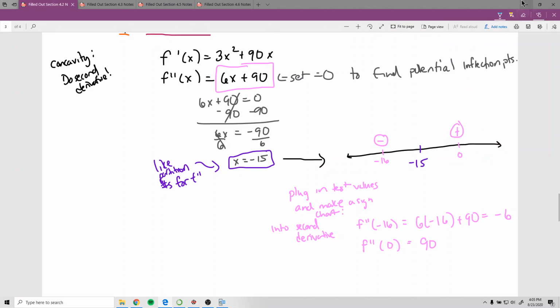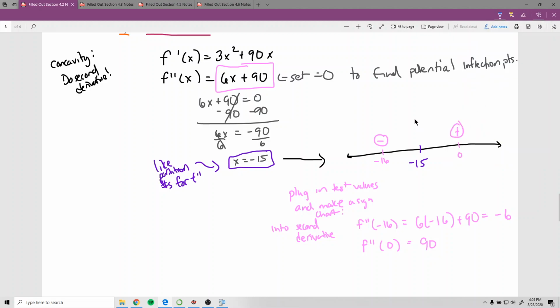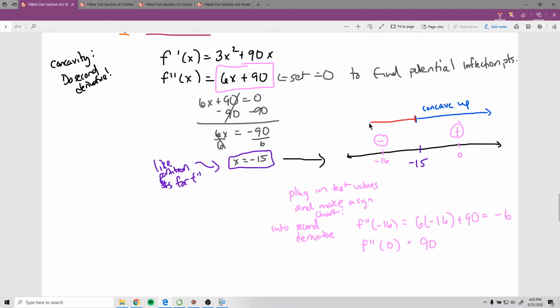Now, as far as relating this back to last section, this is where we would have labeled stuff as increasing or decreasing, but now we have new words. All right, so to the right, where we have the plus sign, it's concave up. And to the left, where we have a negative sign, it's concave down. Just like with the intervals of increasing and decreasing, we don't include the endpoints, so we always have parentheses for their intervals.